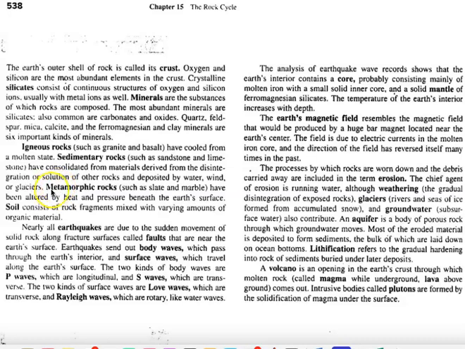And the third type is metamorphic rock. Slate and marble are the 2 main kinds that we want to talk about there. Now, soil consists of rock fragments mixed with various amounts of organic matter.